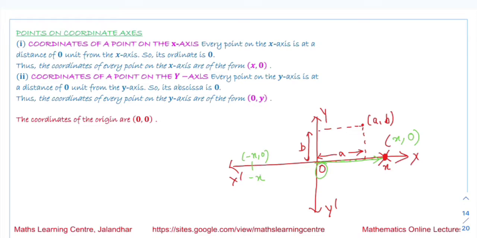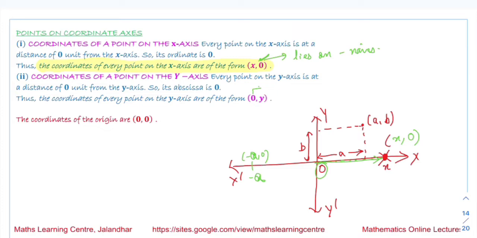If this point is -a, then we will write it as -a comma 0. So it is mentioned over here that the coordinates of every point on the x-axis are of the form x comma 0. It means its distance from the origin along the y-axis is 0. So whenever the second coordinate is 0, it should be clear to you that the point lies on the x-axis.